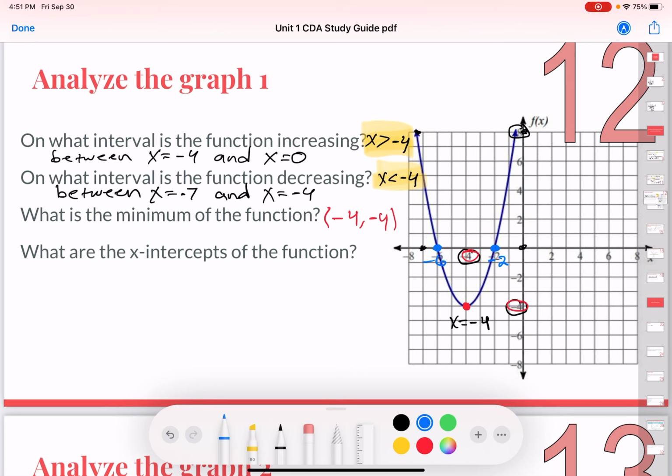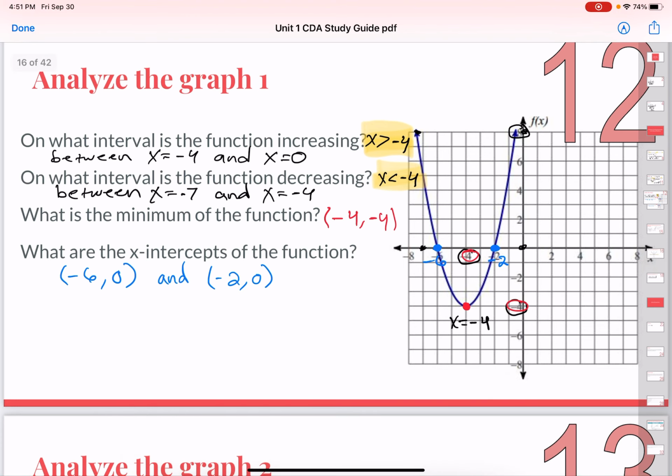But we know that whenever it's an x-intercept, that's crossing the x-axis, and therefore the y value is 0. So the x-intercepts are (-6, 0) and (-2, 0). The second thing that you see in these coordinate points is always going to be 0 for x-intercepts, just like it's always going to be 0 in the first place for your y-intercepts.